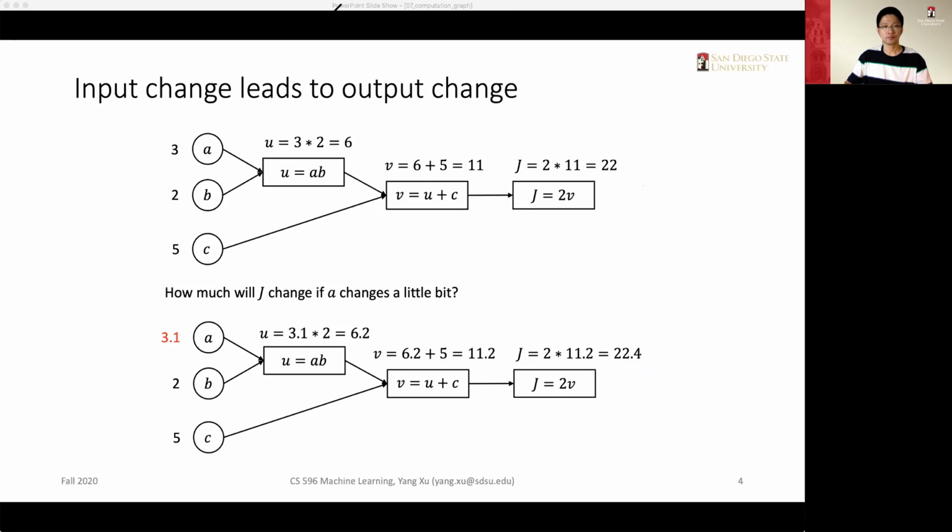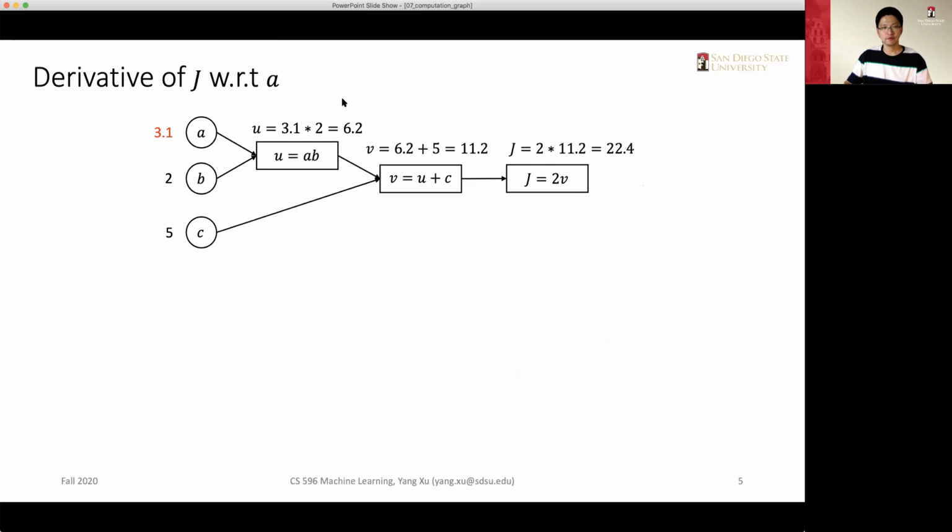Okay, so if we formalize the problem, we say the derivative of j with respect to a is just like what we did before. It's the new value of j minus the old value of j, divided by the change in a. So that is how we obtain the derivative of j with respect to a.